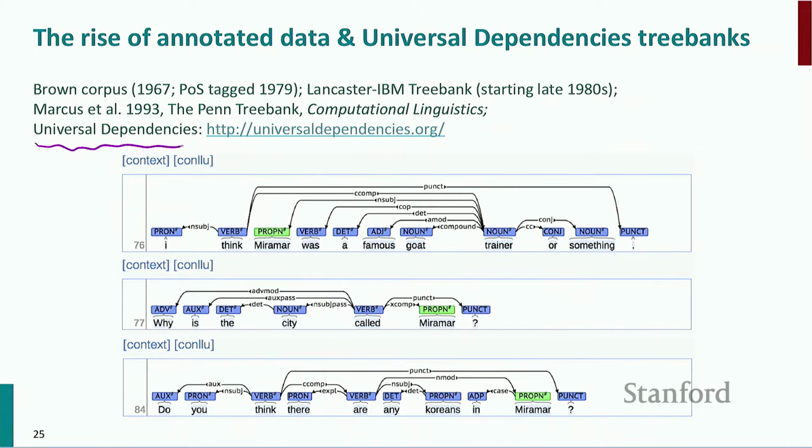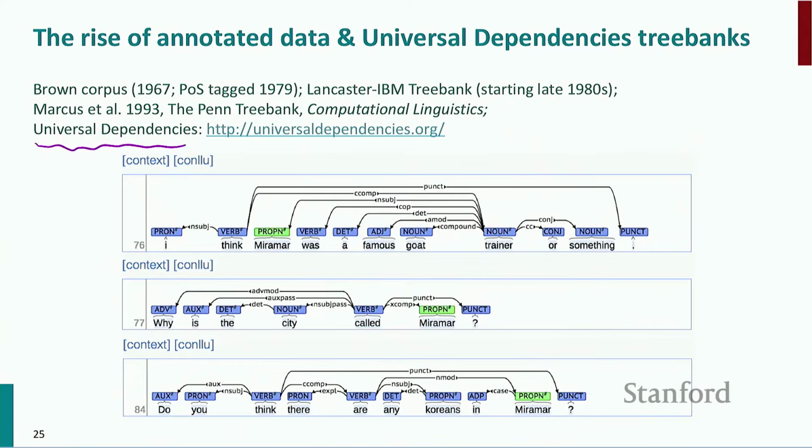But here's an example. This is the Universal Dependencies Treebanks, which I've been heavily involved with. It's a cool resource for all kinds of purposes because it's a wide cross-linguistic database with over 100 different languages, with sentences parsed with a uniform dependency formalism. So it's really good for cross-linguistic and psycholinguistic work.